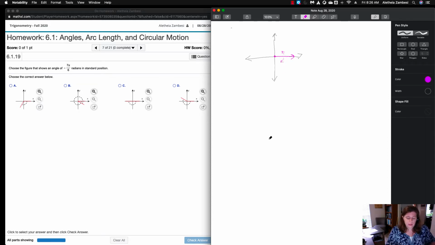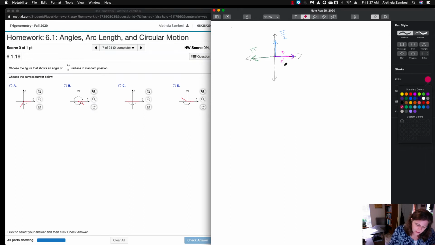So some of the quadrant angles: if you're in the initial position and go to the 90-degree mark, that is pi over 2. If you go to the 180-degree mark, that angle is pi.